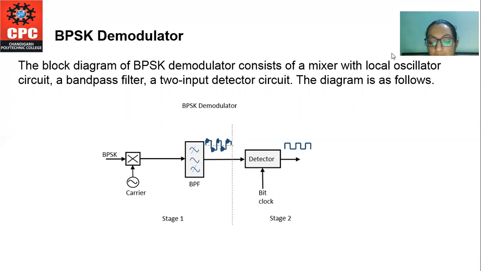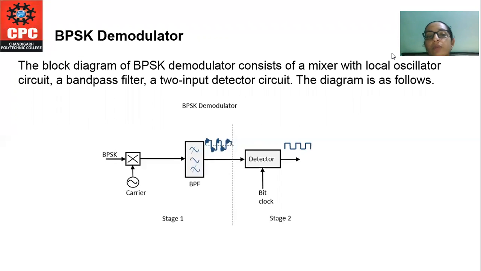So both the ASK coherent detector and the BPSK coherent detector suffer from synchronization problems, like phase and timing problems.